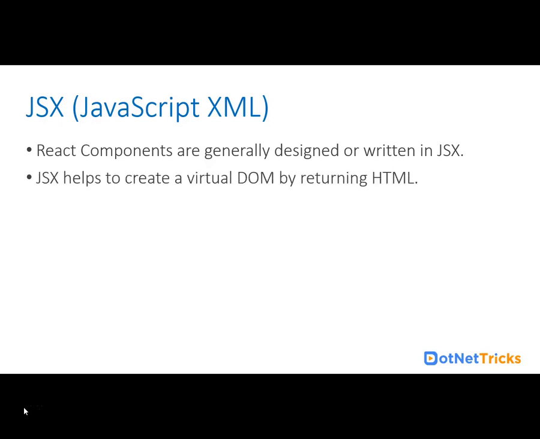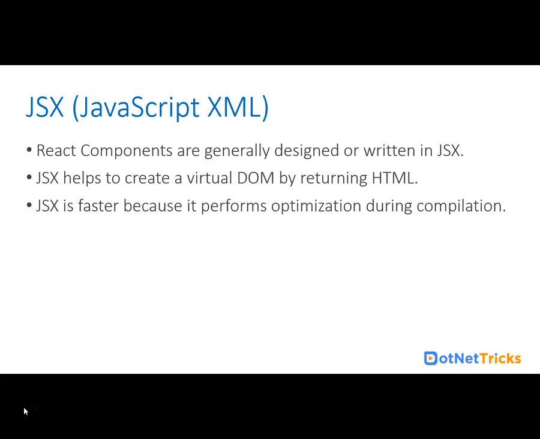JSX helps us create a virtual DOM by returning the HTML along with the scripting, implemented in an XML pattern. We can use React without JSX also, but JSX makes React a lot more elegant, and it is easy to write and understand, and also faster.